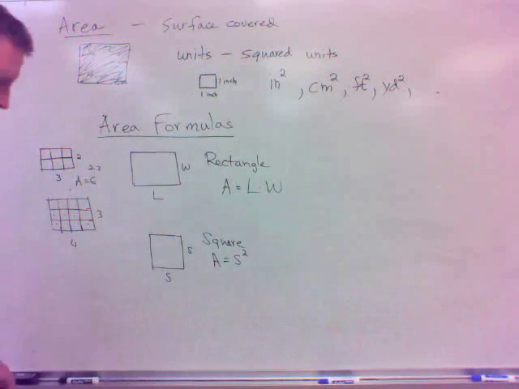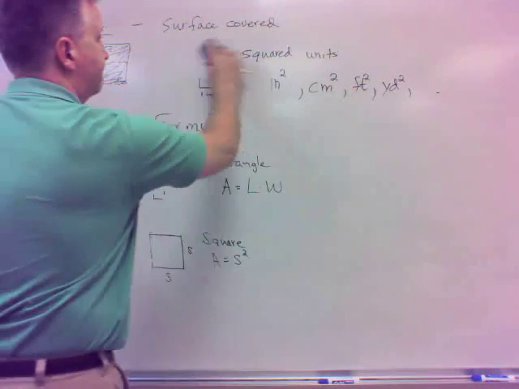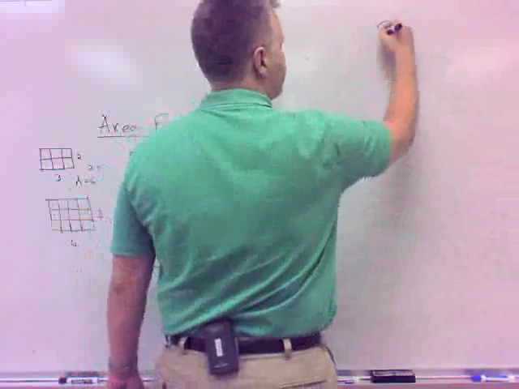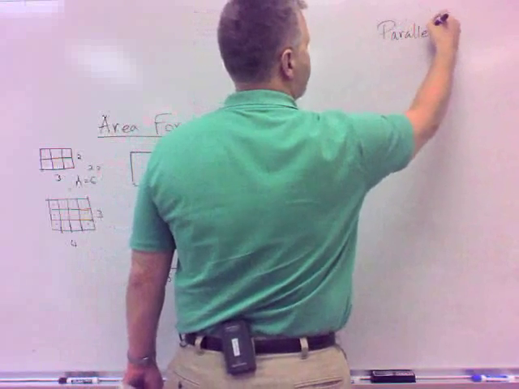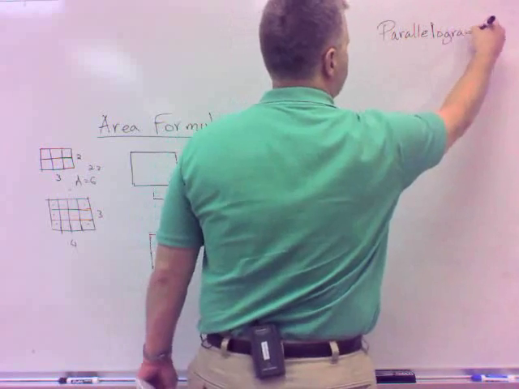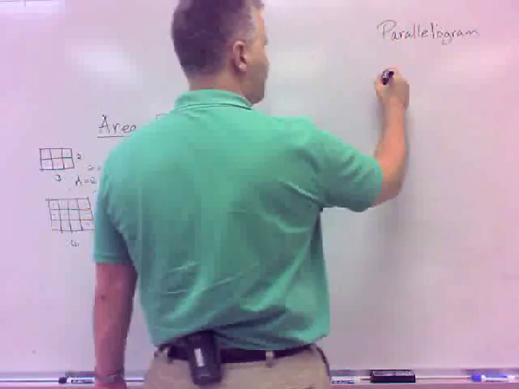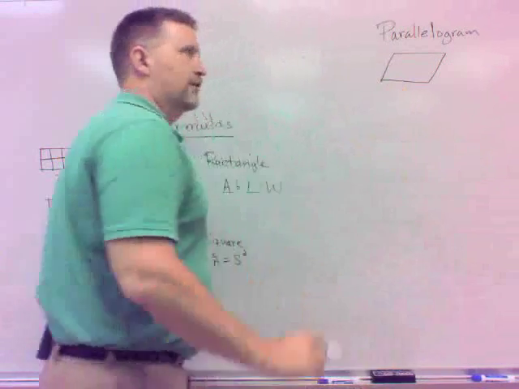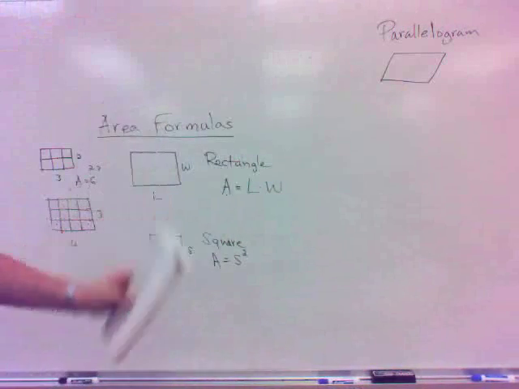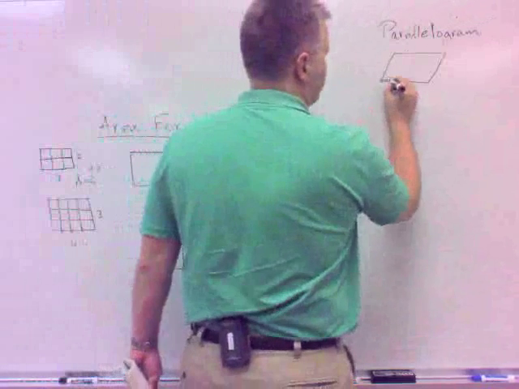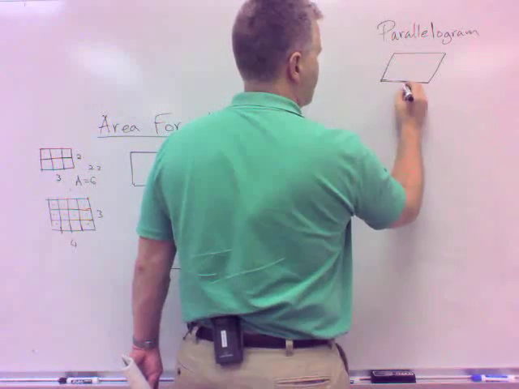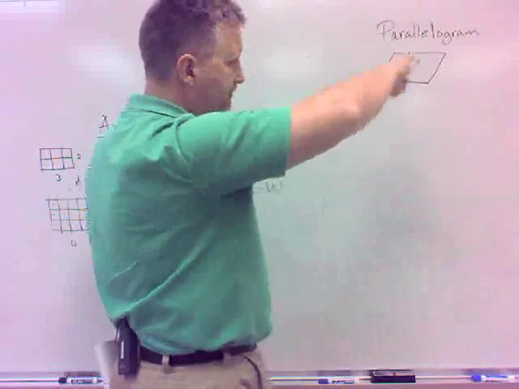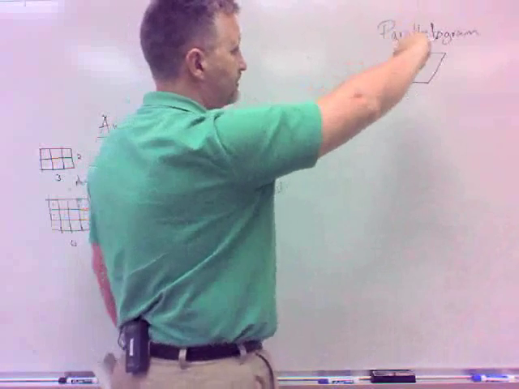Let's talk about a parallelogram, area of a parallelogram. On a parallelogram, you need 2 measurements. Parallelogram, you got parallel sides, 2 sets. Well, you need to know the length of one of them. Call it the base. You don't need the other length.